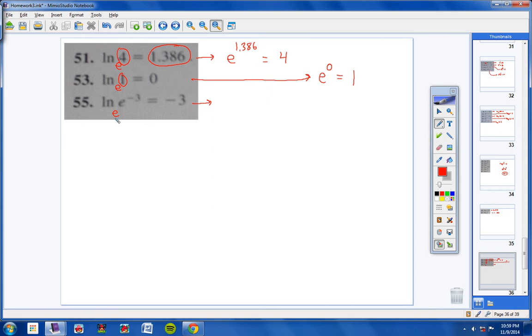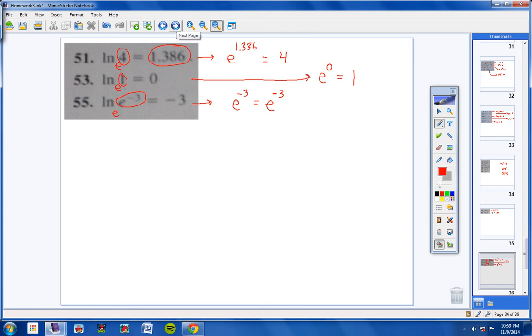So put your base here. Here's your power. It goes right here. And then here's your argument right here. There we go. So we took logarithmic expressions and we wrote them exponentially.